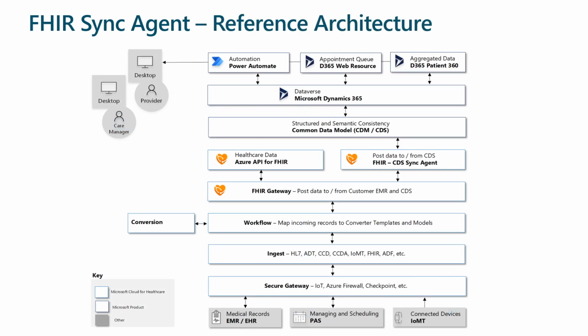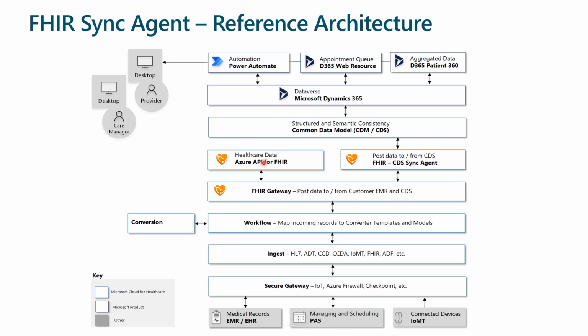Before going to the data flow walkthrough, we wanted to highlight a few things with this reference architecture. If you look at this reference architecture, you will notice at the center of the diagram, FHIR Sync Agent does not interact with the EMR directly. That is, it doesn't read data from an EMR system nor write to the EMR system directly.